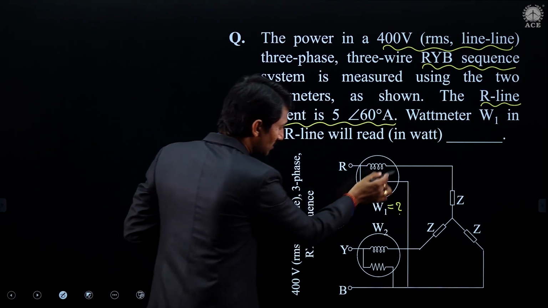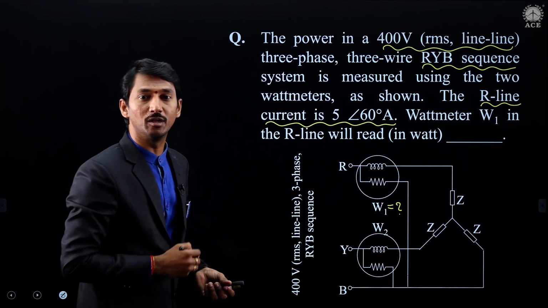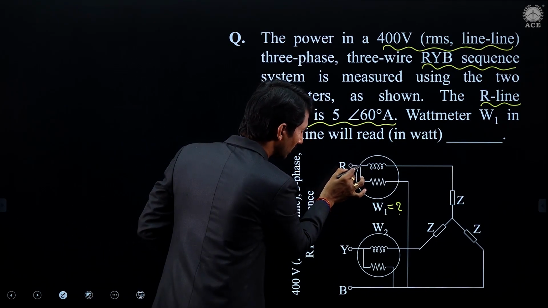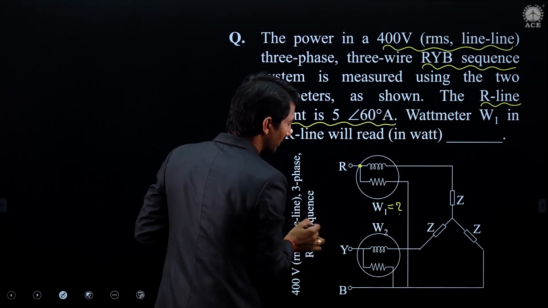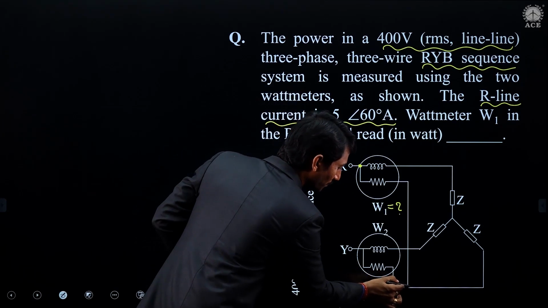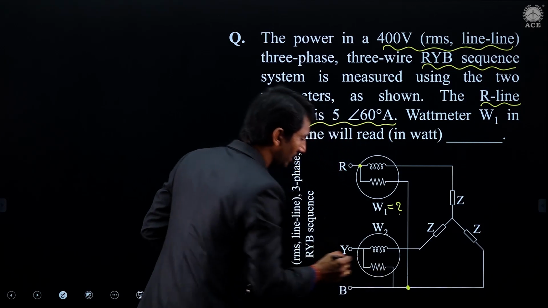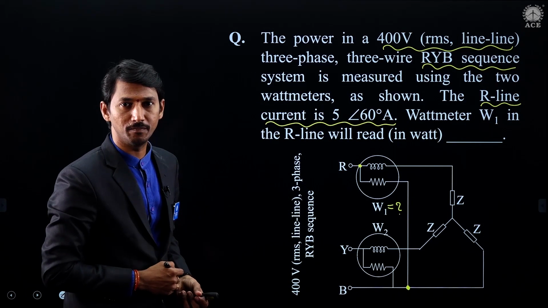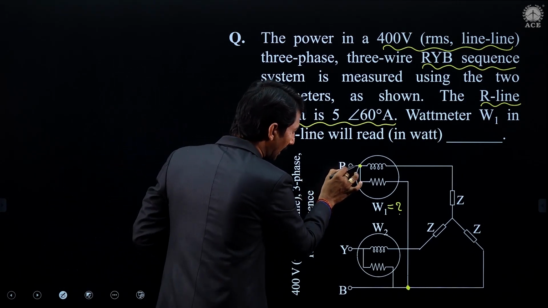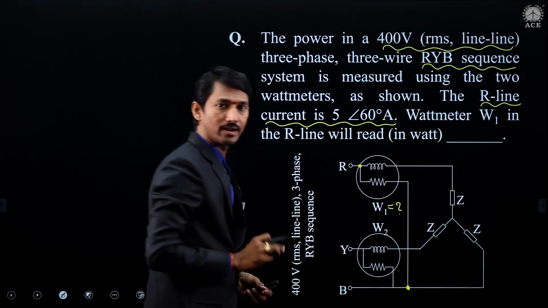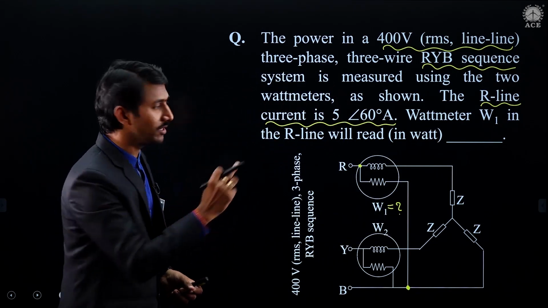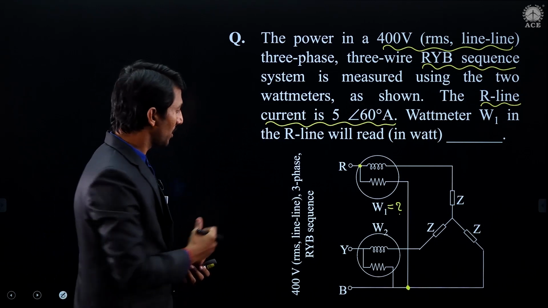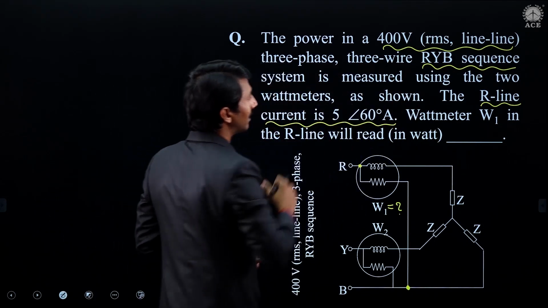Now, this W1 is being connected between, concentrate, here the potential coil is from R to B. Potential coil is connected between R and B. And the current coil is connected in IR. Those two observations are required to solve this question. Okay. Before solving, let us write the given data first.